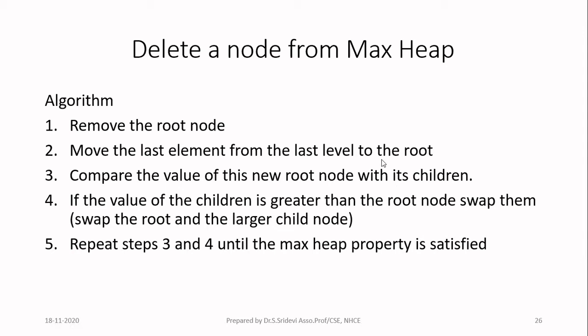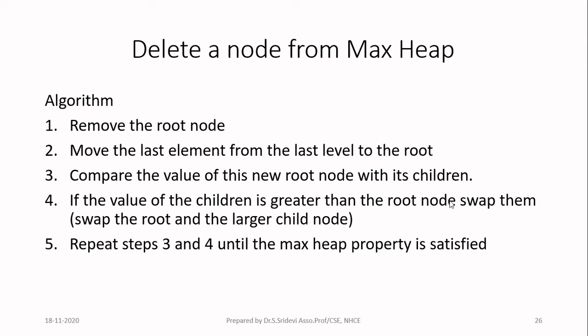Since you have moved the last element, it will not be obeying the property of the heap tree. So you have to compare the value of that node with its children. And one of the children will be having a larger value. So you have to check, out of the two child nodes, whichever is having the larger value, you have to select that. And then you have to swap that child with the root node.